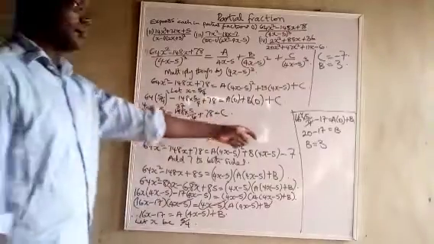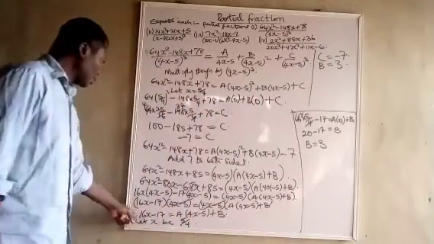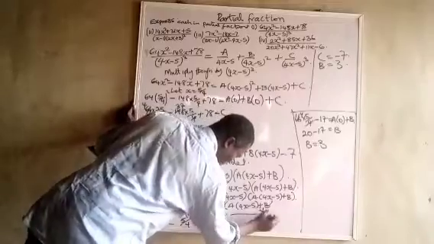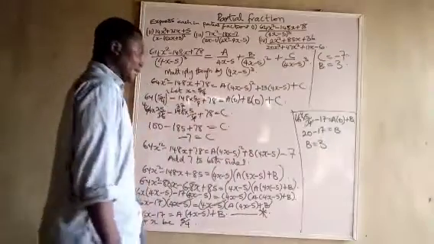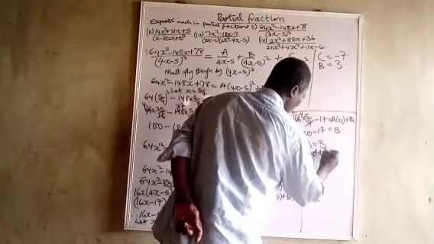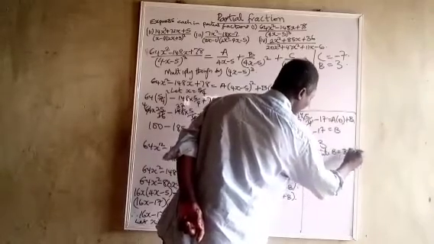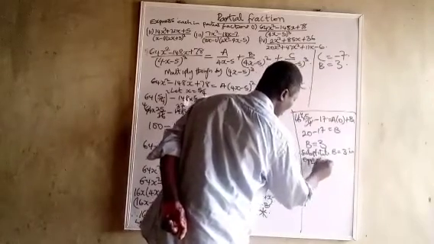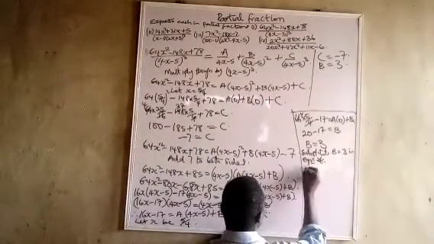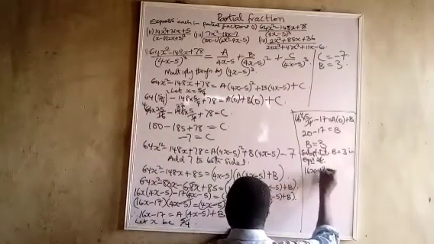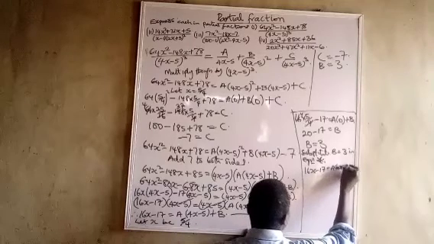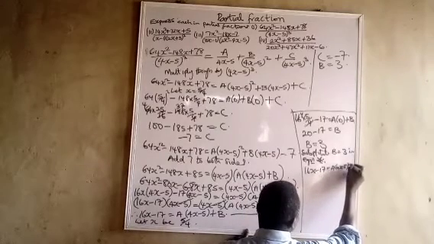Now, since I got my b, I can bring it back into this equation, let me call it equation star, and then I get my a. Substitute b equals 3 in equation star. Therefore, 16x minus 17 will be equal to a into 4x minus 5 plus 3.